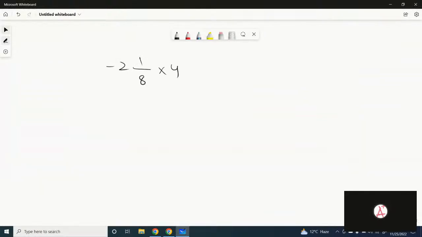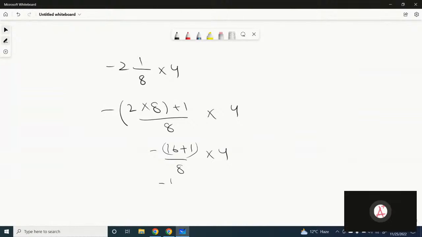Just convert it into an improper fraction. 2 times 8 plus 1 divided by 8, times 4. 8 times 2 is 16, 16 plus 1, over 8 times 4. It would be negative 17 over 8 times 4 over 1.